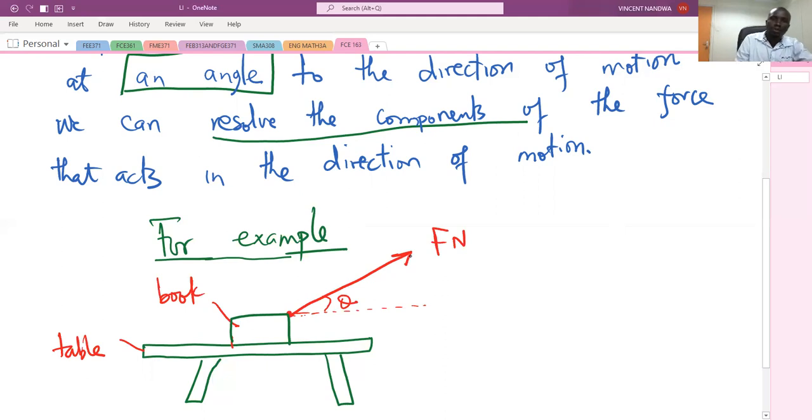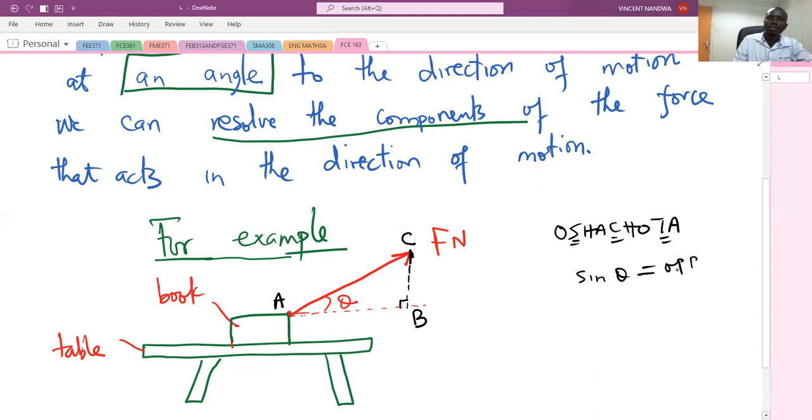So if we draw a right angle triangle at this point here, and call this point B, call this point A, and call this endpoint of the force C, then using SOH CAH TOA, this acronym means sine is opposite over hypotenuse, cosine is adjacent over hypotenuse, and tan is opposite over adjacent.